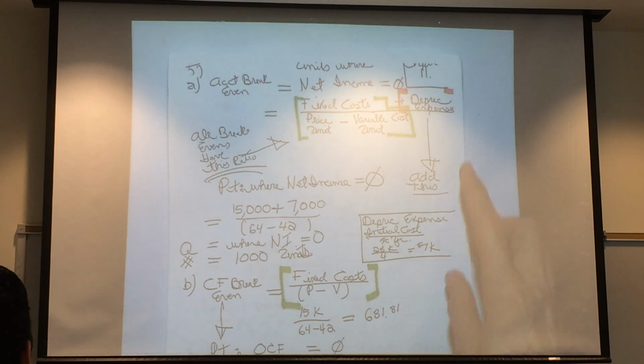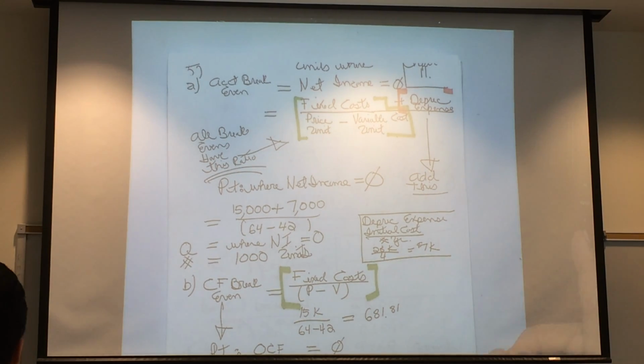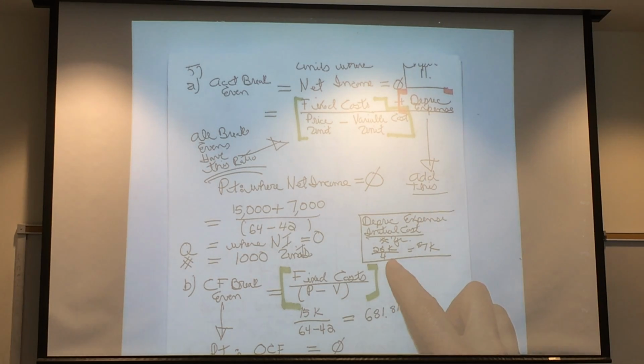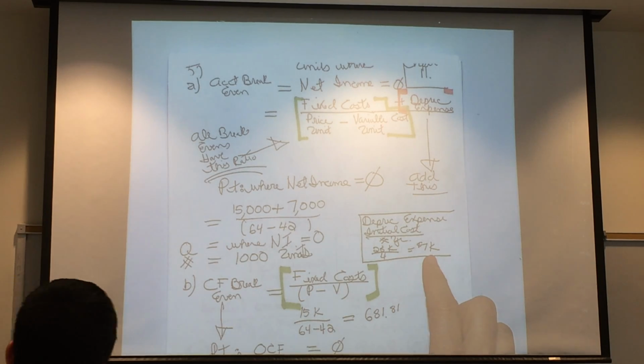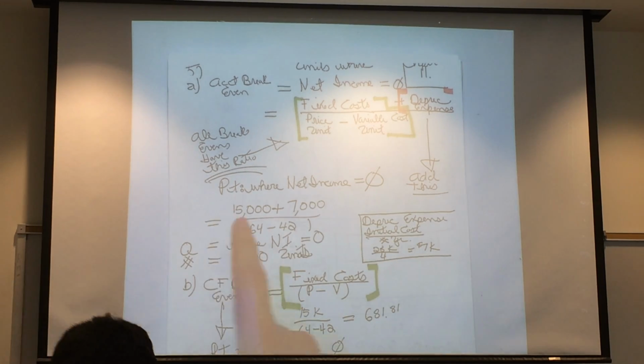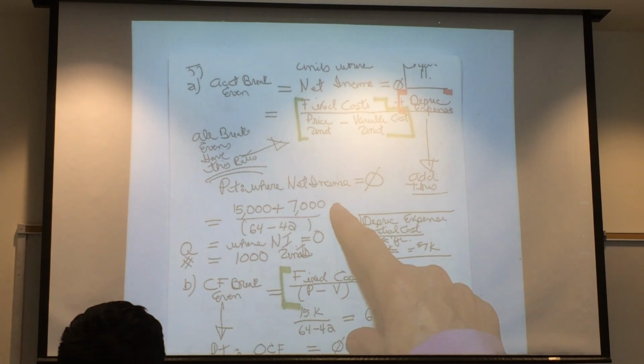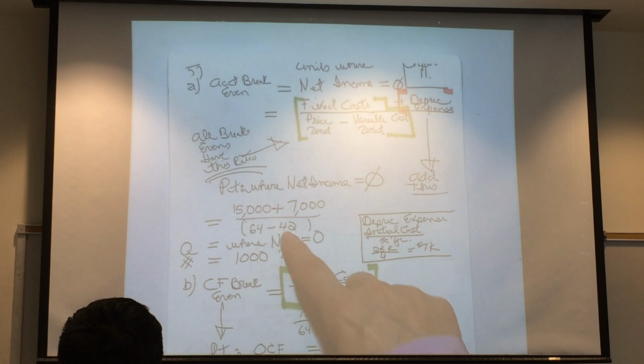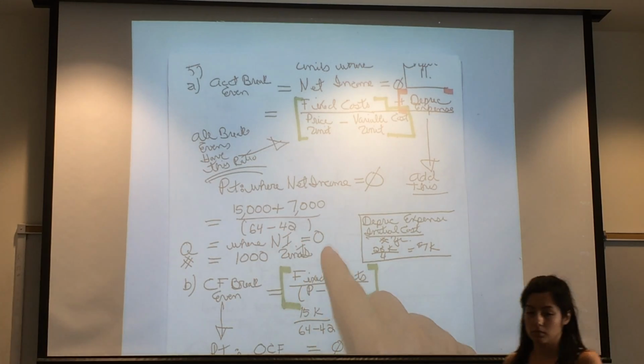I did the first two last week. I'm going to add the financial and the degree of operating leverage. So we simply take the 28,000, divide by 4 years, depreciation is 7,000. So I take the fixed cost of 15,000 plus the depreciation, divide that by the $64, the price, minus the variable cost per unit.